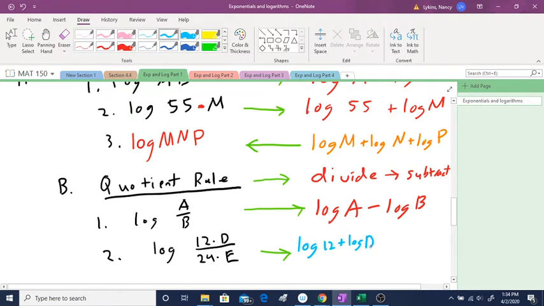Now I'm going to also subtract log 24. I'm going to put that in parentheses, and then I'm going to separate that by adding log e.